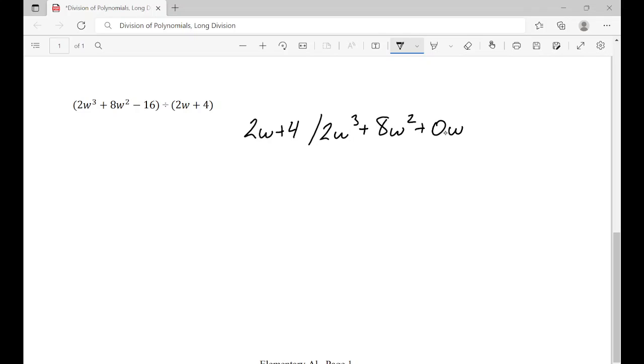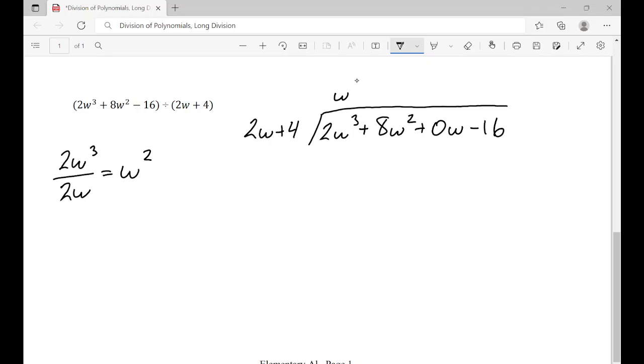It is not necessary to do this, but it does make the long division far easier than if you don't. And then minus 16. So now we do the exact same thing. Take our leading term, 2w cubed, off to the side, and divide by the leading term over here, 2w. When we do that, we're going to get w squared.